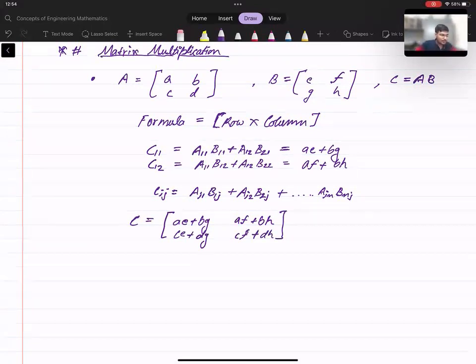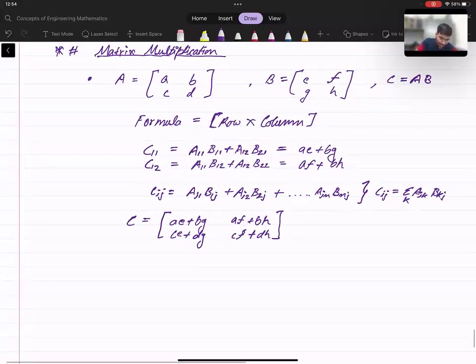In this way, this is done. And this formula can be written in a short form as Cij is nothing but the summation of Aik multiplied with Bkj, where k varies from 1 to n, where n is the order of these matrices.